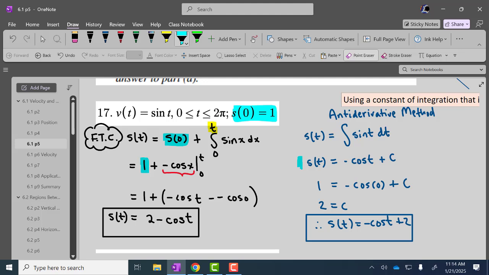Question. And the fundamental theorem of calculus only works because it's S of 0? No. So the fundamental theorem of calculus is simply this step right here. If our starting position is at 4, then this integral would have to go from 4 to t instead of 0 to t.